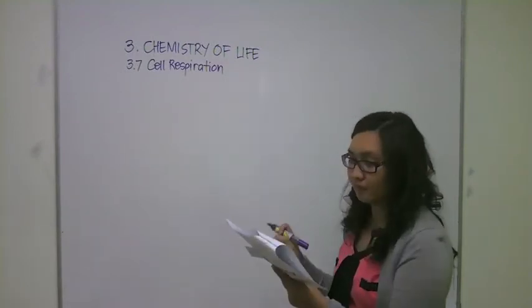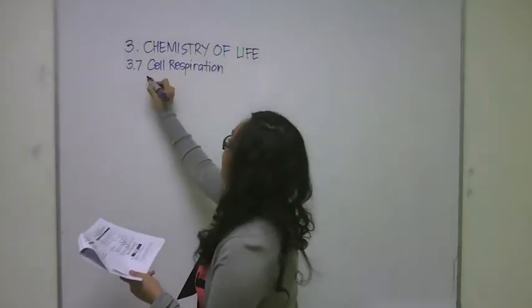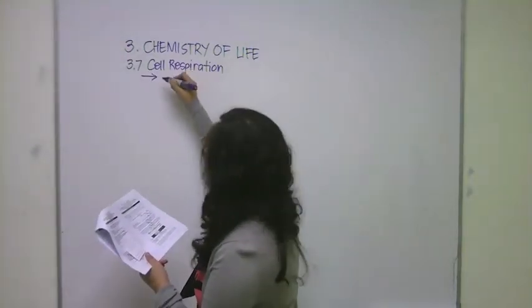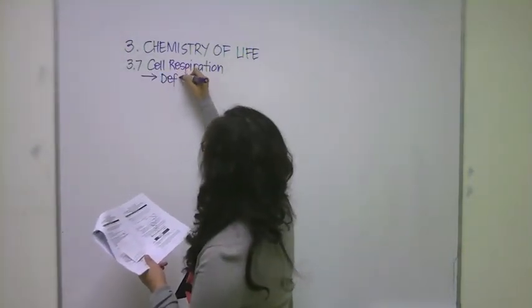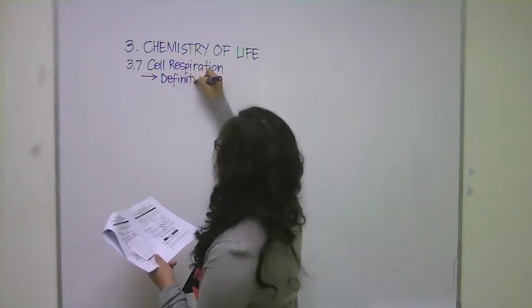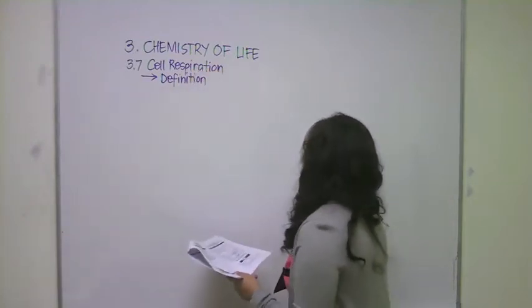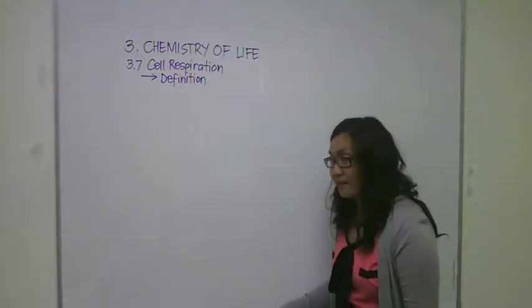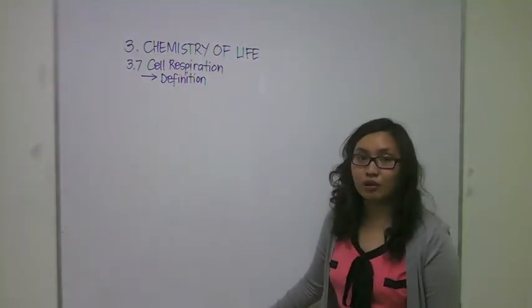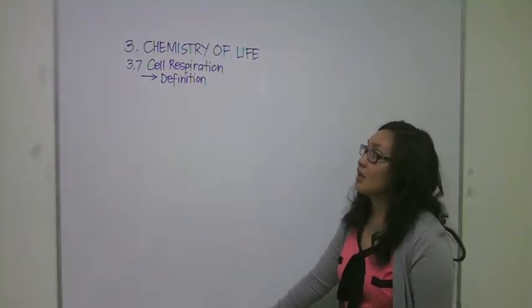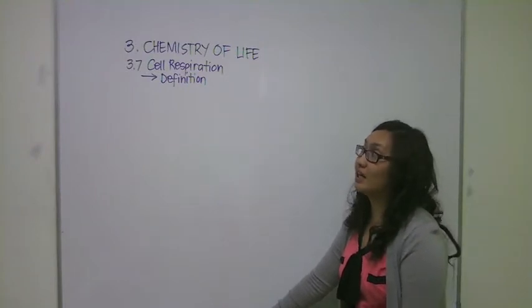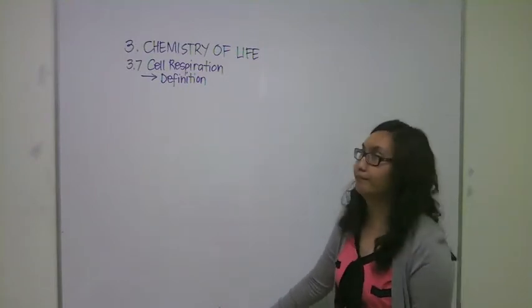So in cell respiration, of course, we have to include the definition. Cell respiration is the controlled release of energy by living cells using organic molecules such as glucose, producing the energy molecule called ATP.